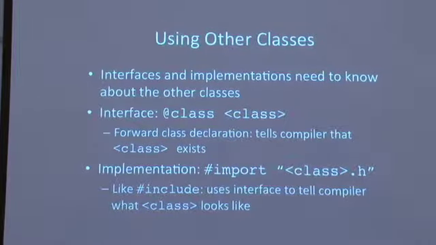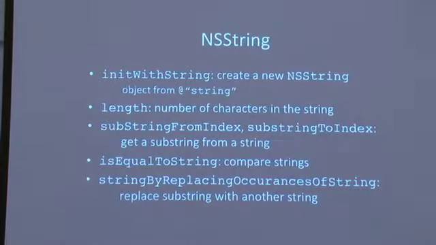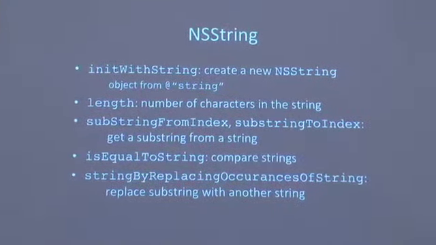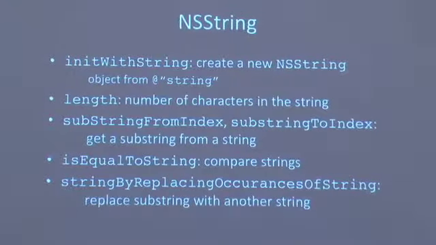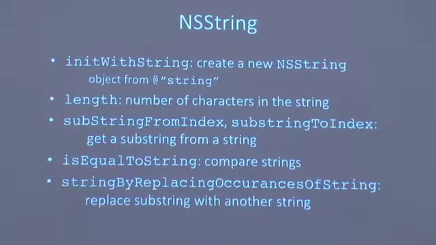Let me do 3 more slides, and then we'll get over to the code, get to the good stuff. So just 3 objects that we're going to use tonight, just so you have a little more background on them. The first is NSString, which we talked about a little bit. We've got a few key methods that are going to help us tonight. You can use init with string, which is basically the same thing as we're doing in our @quote notation.